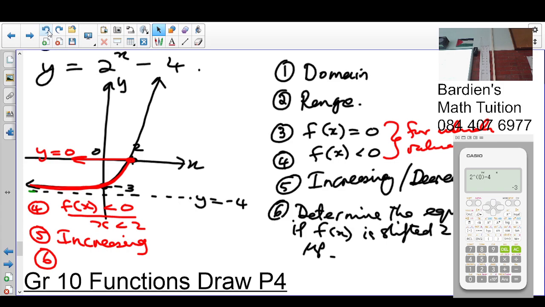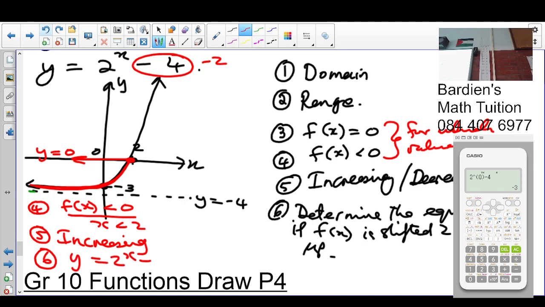So this now is going to become negative 2. How do we get from negative 4 to negative 2? We added 2. So in other words, determine the equation if f of x is shifted 2 units up. So the equation is y is equal to 2^x minus 4 plus 2, which is 2^x minus 2.